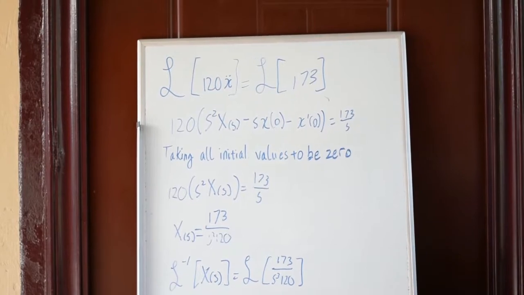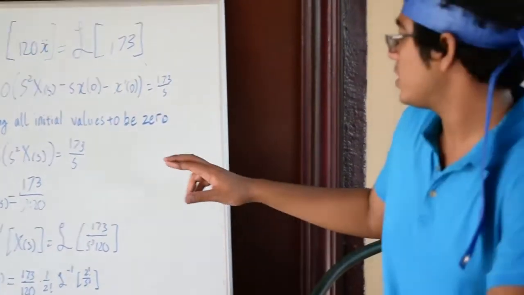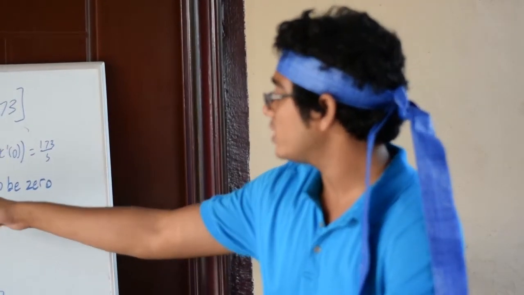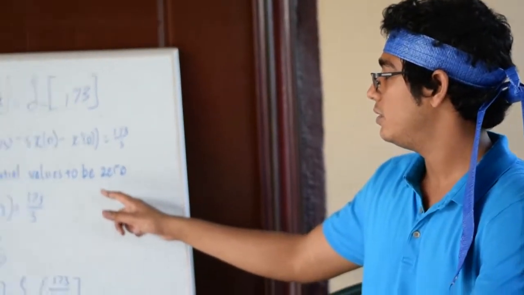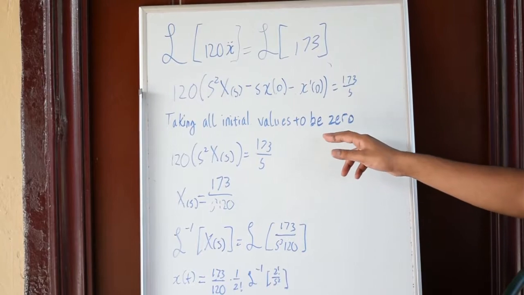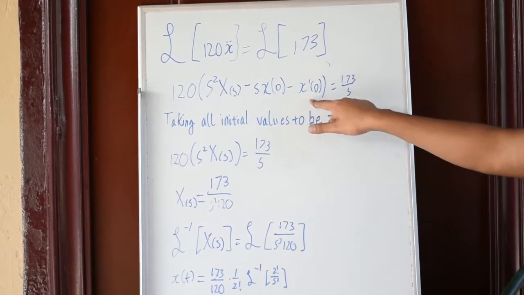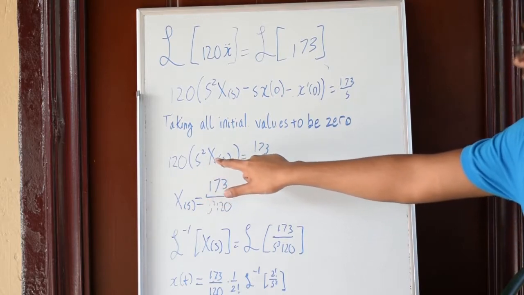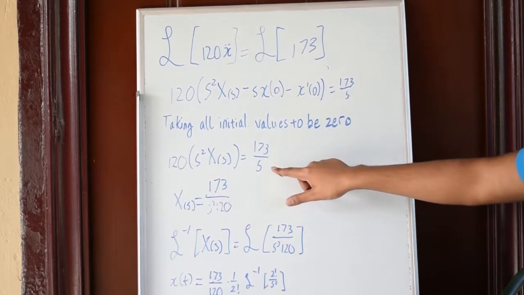Now, when working the Laplace for our system dynamics model, we must take all initial values to be 0. So from that, we can see that s x(0) and x prime (0) go to 0. So we have 120 s squared X(s) is equal to 173 over s.